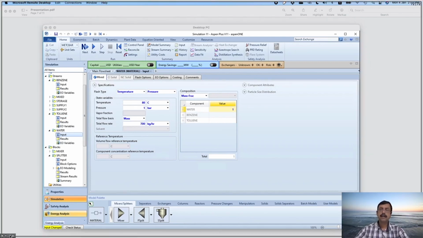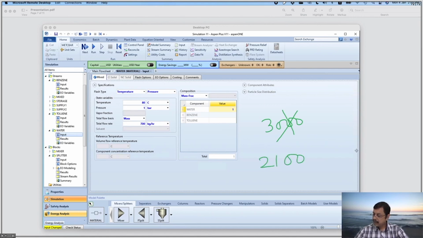Now here we have a situation. Now we do not have 3000 kg per hour anymore. Instead we have 2100 kg per hour. But we have committed 1800 to supply line 2, 400 to supply line 1, and the rest is the storage.